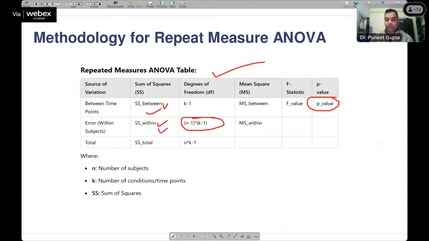If it is less than 0.05, yes, there is a change over a period of time, right? So that's how we test the effectiveness of anything. If we are giving a drug, then the health improves, which means the readings are changing, right?